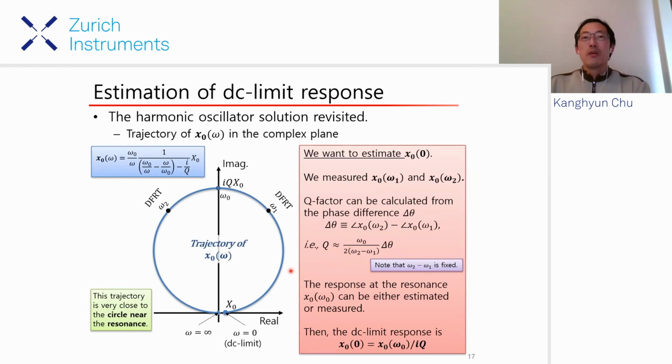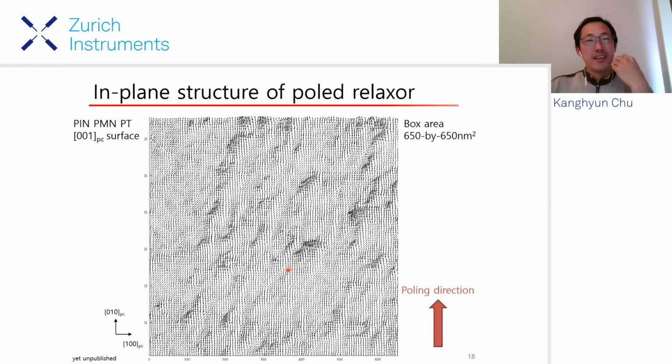So this is what I get. Since I can get the DC limit response, I simply follow the procedure of the angle bridge technique, the sinusoidal fitting point by point. So this is the resultant in-plane piezo response map of the relaxer ferroelectric.